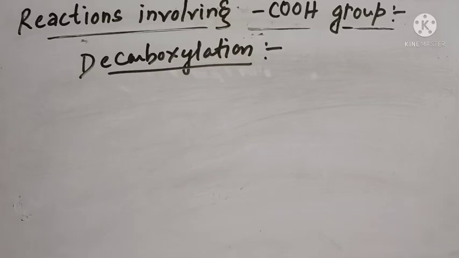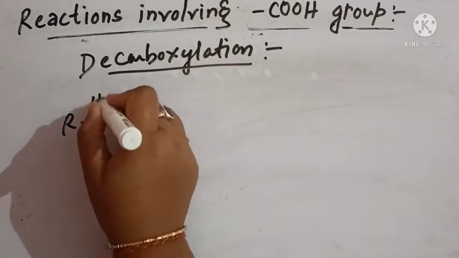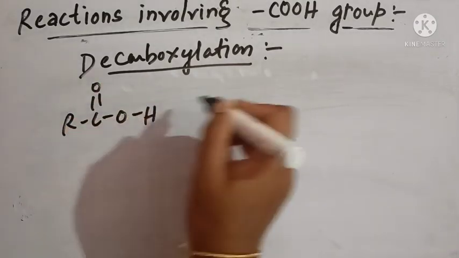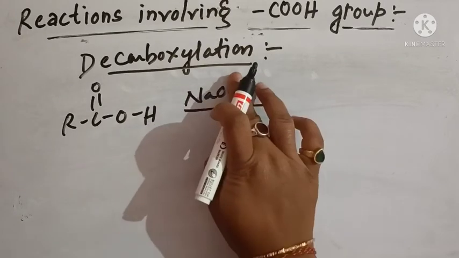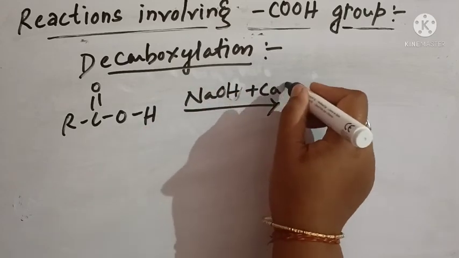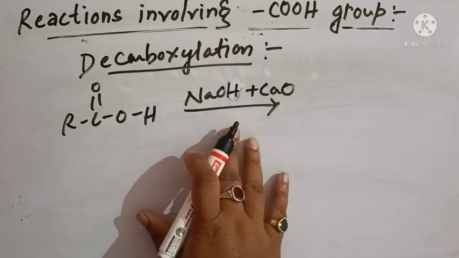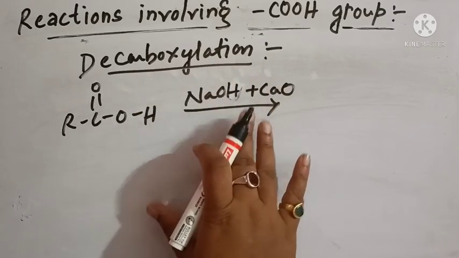The carboxylic acid, when it is treated with the soda lime, that is a mixture of NaOH and CaO. Okay, let me just write the reaction. This particular mixture of NaOH and CaO is known as the soda lime.